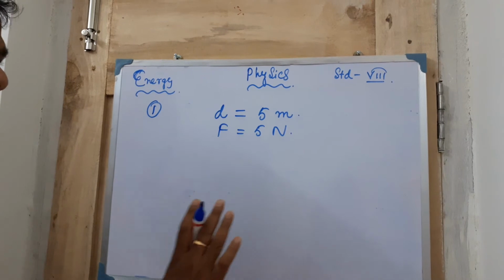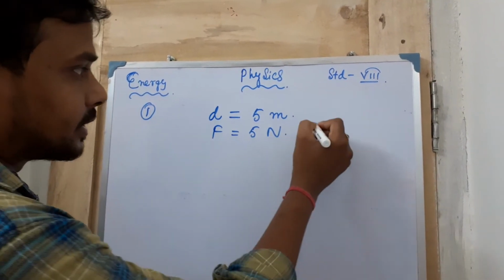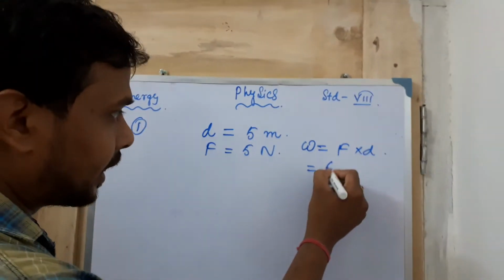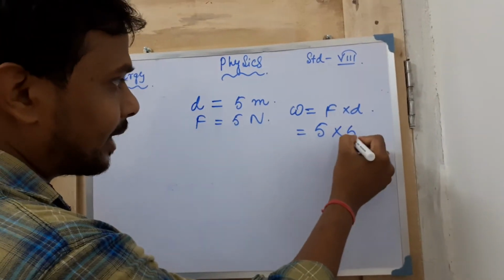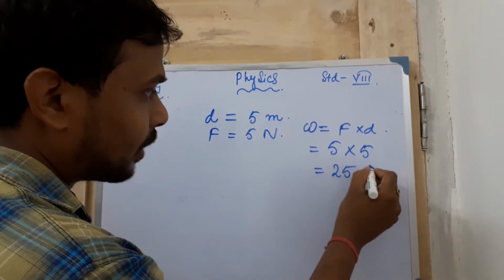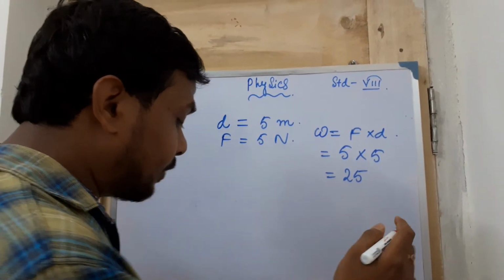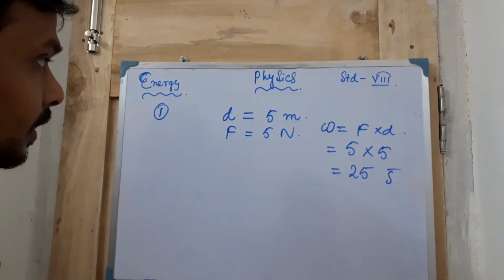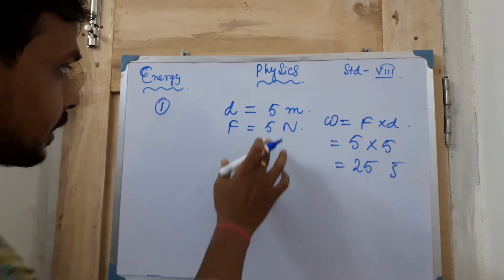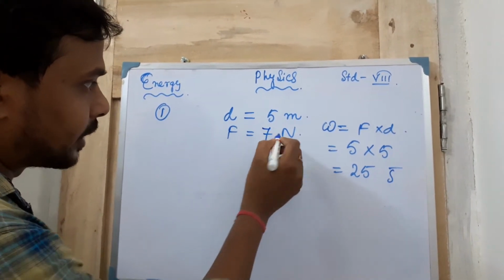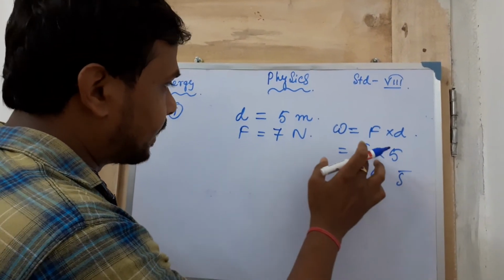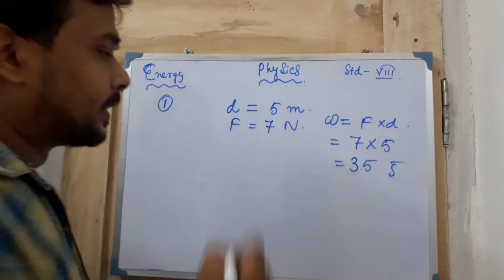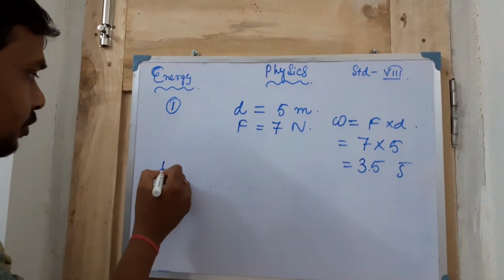Same formula, F into D. Sorry, in your book it is given 7 meter by mistake, and the force is 7 Newton, so 5 into 7 is 35 joule. So this is the first numerical.